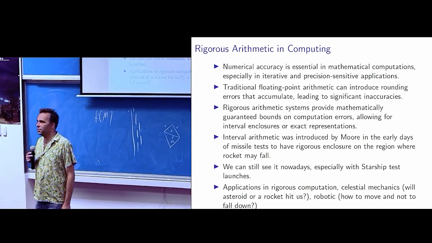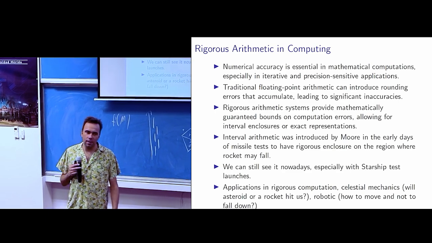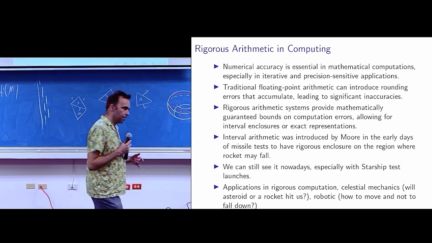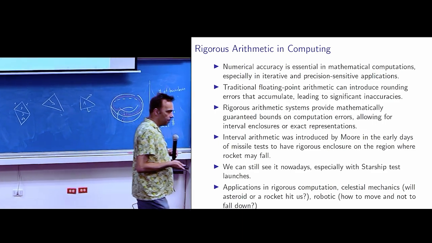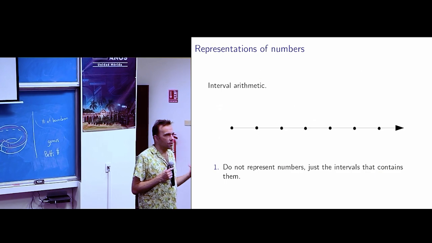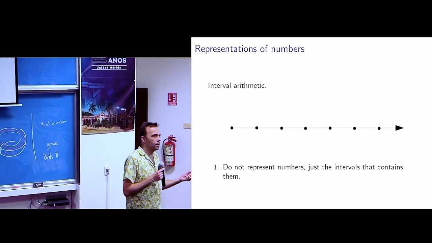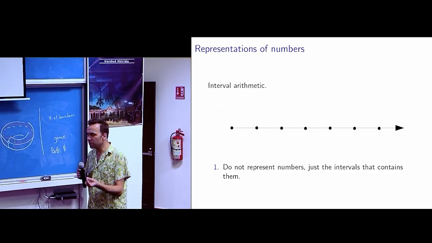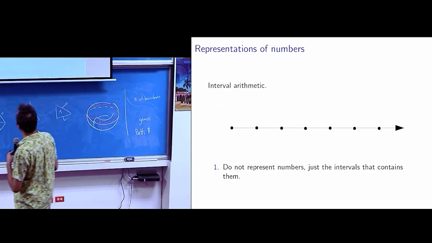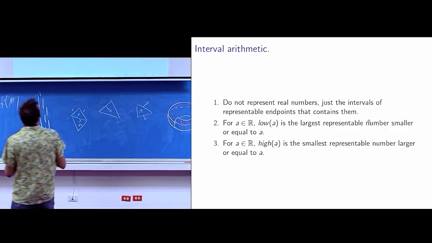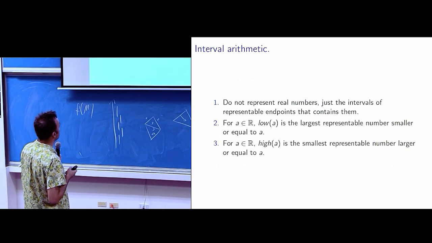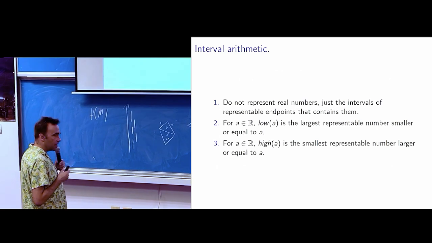Obviously, you cannot do it with finite precision arithmetic, because the errors accumulate as you do computations. And the idea was to represent numbers not as some digits of precision, but as intervals, where the endpoints of the intervals are representable numbers.